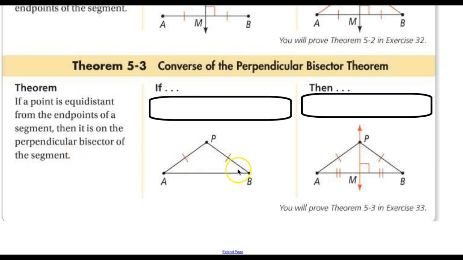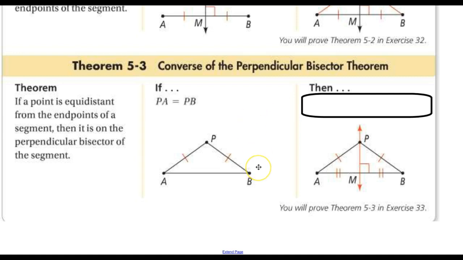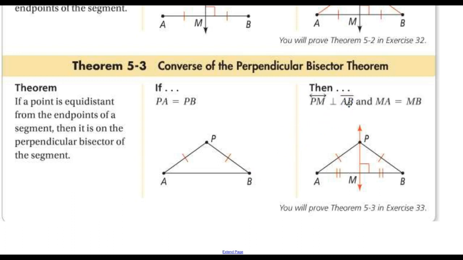It doesn't have to be an isosceles triangle drawn. I could just draw a point P out here in space and tell you it's the same distance away from A as it is B, and then you should know that it's going to lie on the perpendicular bisector of it. So as we fill out our if-thens here, if PA equals PB, what can we say then? We can say then line PM must be perpendicular to AB, and MA must equal MB.